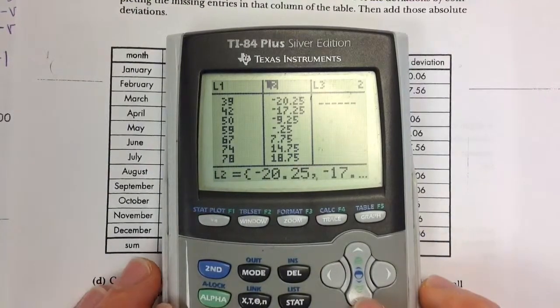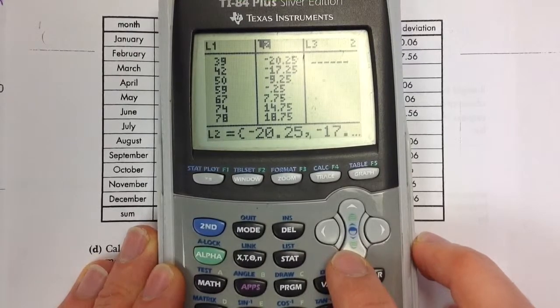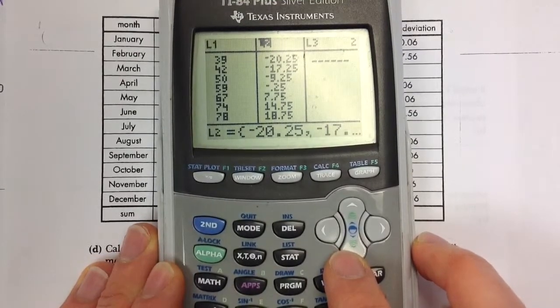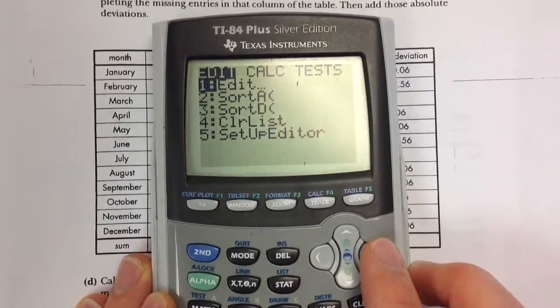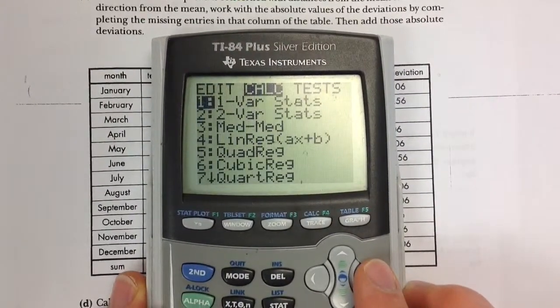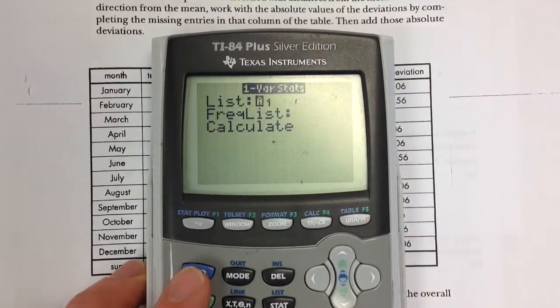You have noticed that our friend 1-Var Stats gives you the sum of a list. So let's use that to get the sum. Stat, calc, 1. This time specify L2.